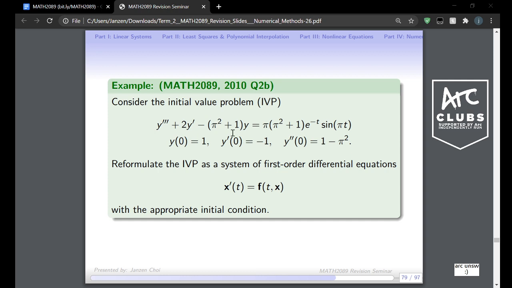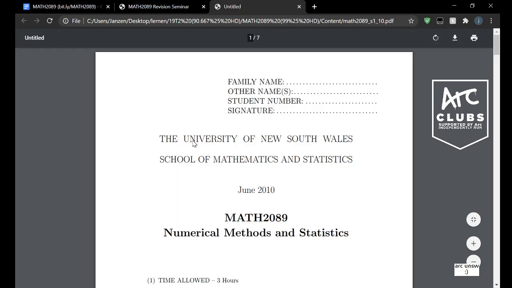However, I can't really write on my laptop, otherwise it will lag. Past papers.